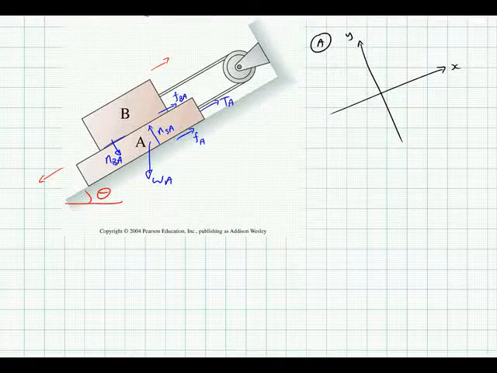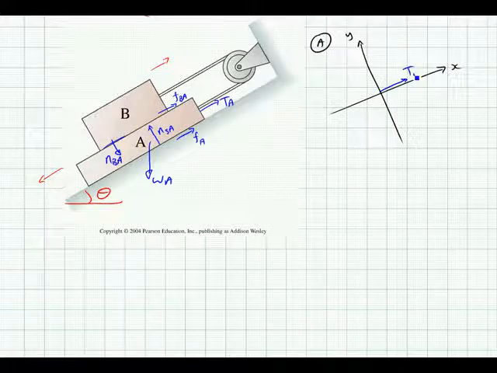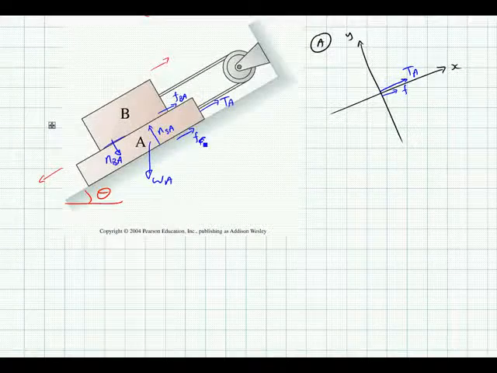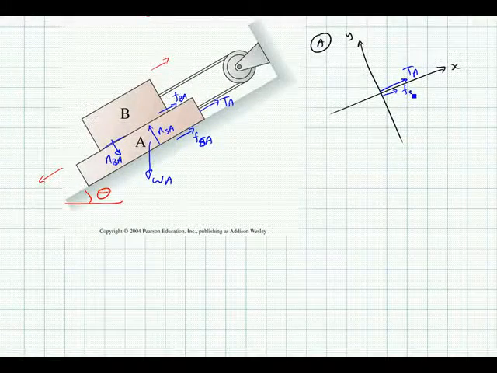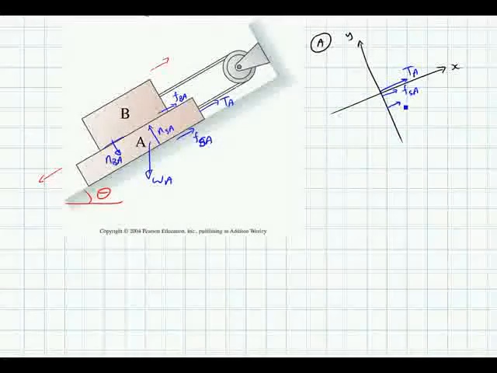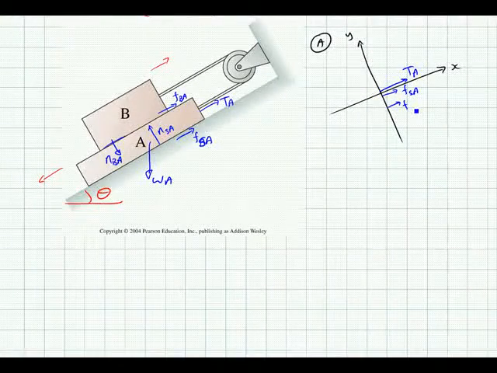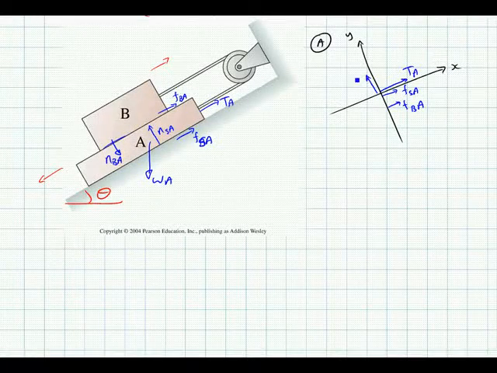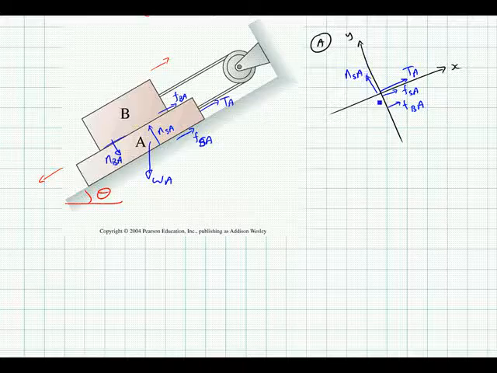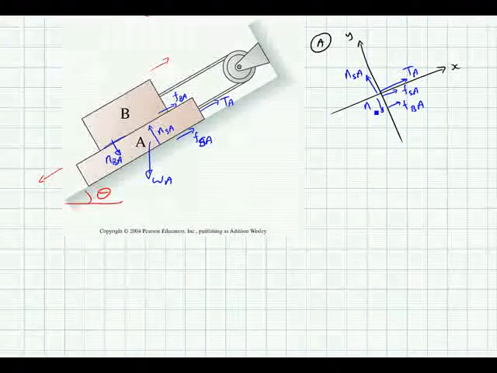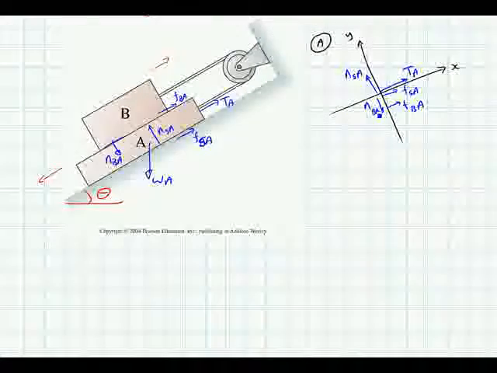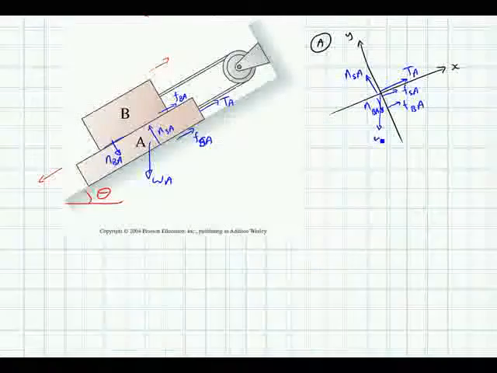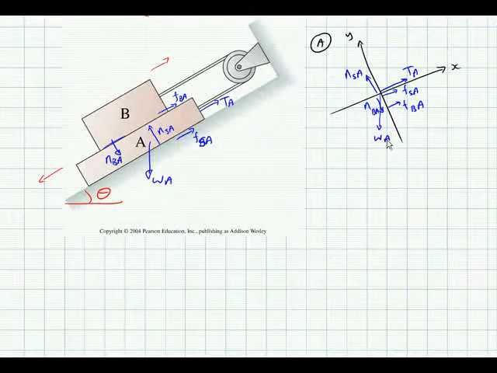The forces that we identified are tension, there's friction force, let me call it the friction force surface on A, okay, friction force surface on A. Then there is friction force B on A. Then we have normal force surface on A. We have normal force B on A. 1, 2, 3, oh, and I forgot the weight. There, this is WA. Alright.